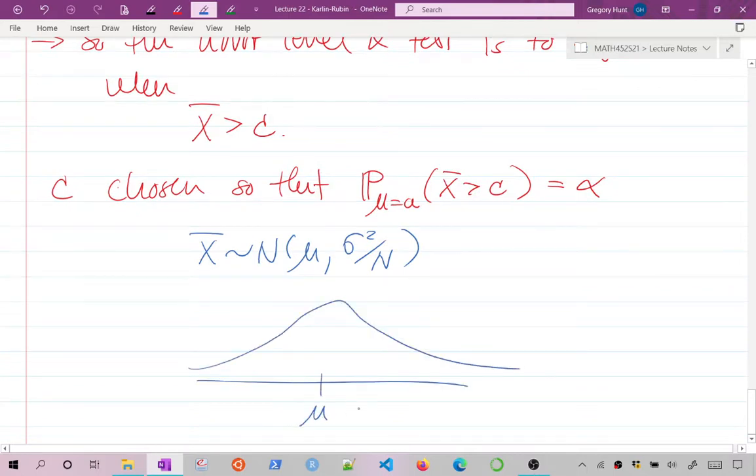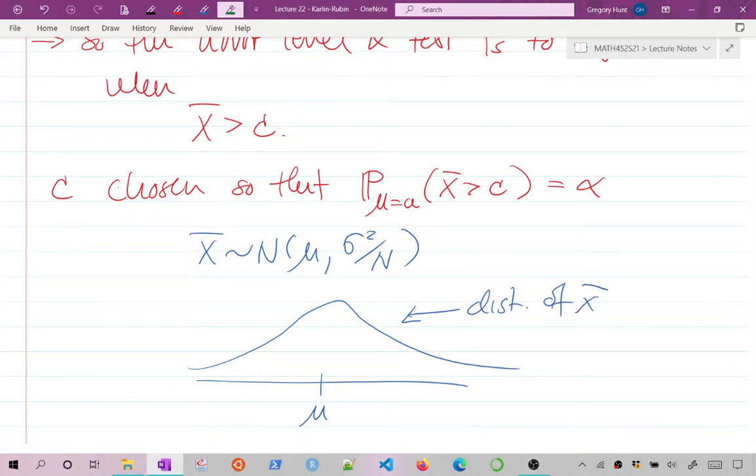This is mu, has variance sigma squared over n. And so this is the distribution of x bar. All right. And so I want to choose my c so that when mu is a, I want the probability that x bar is bigger than c to be alpha.